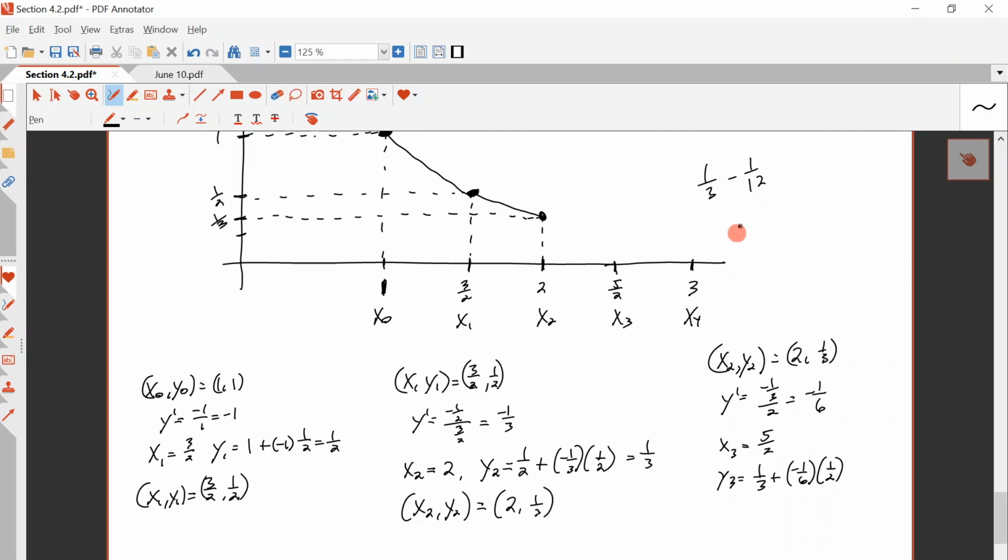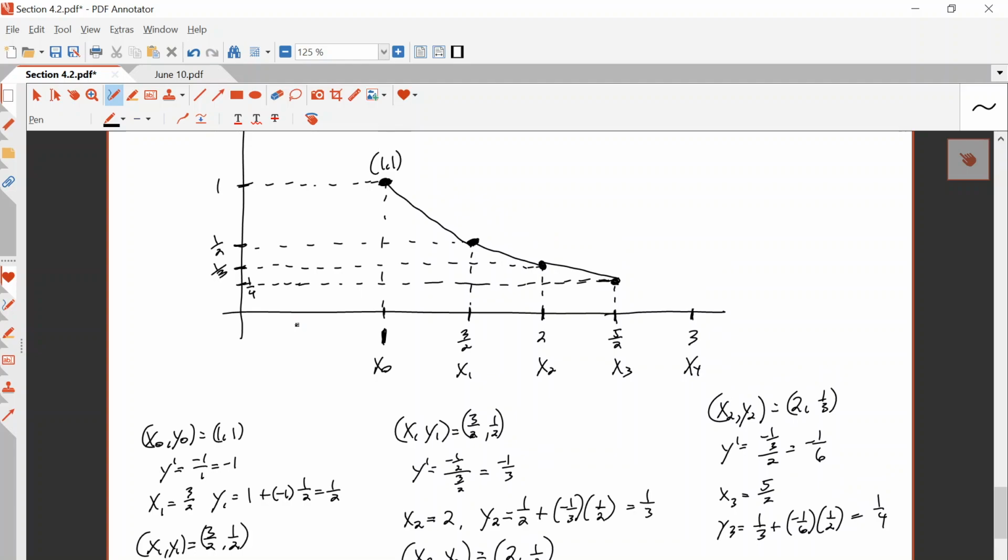So that is going to be 4 over 12 minus 1 over 12, which is 3 over 12, which is a quarter. So that's right here. And then we'll connect that via a straight line. And there's the next iteration in approximating a solution. It's not too good there. Let's try it again.